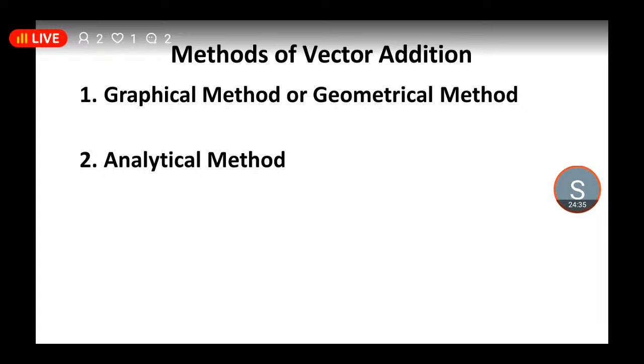As I was saying, methods of vector addition. This is a rule which I mentioned in the difference between scalar and vector. Now we are going to study the vector law of addition. There are two methods: graphical method or geometrical method, and the second one is analytic method. First, we will see the graphical method.